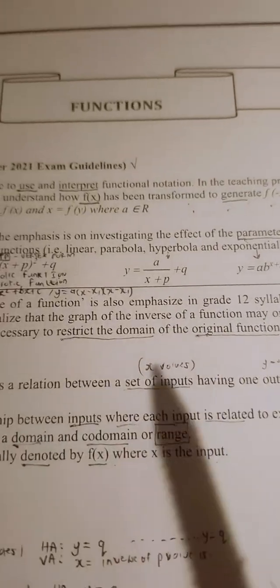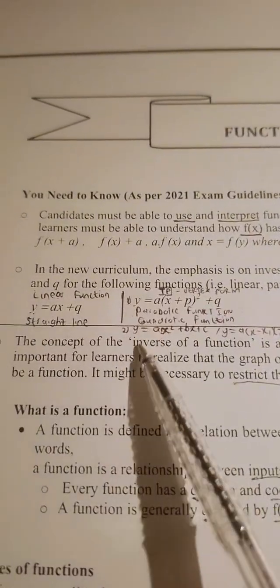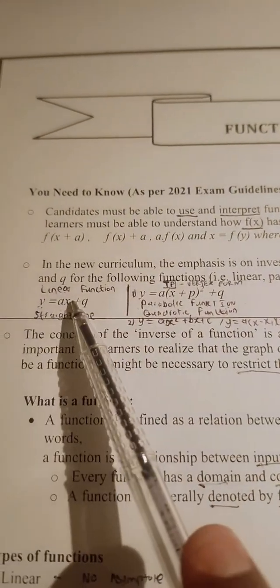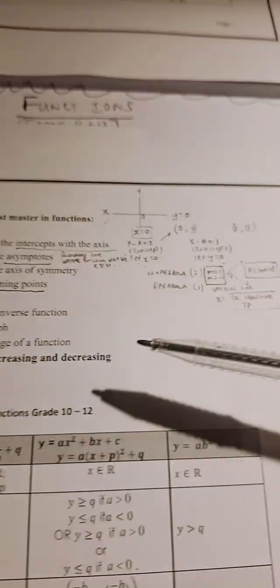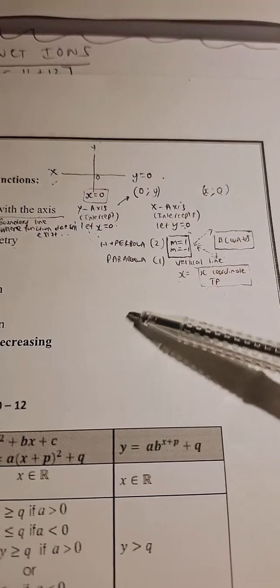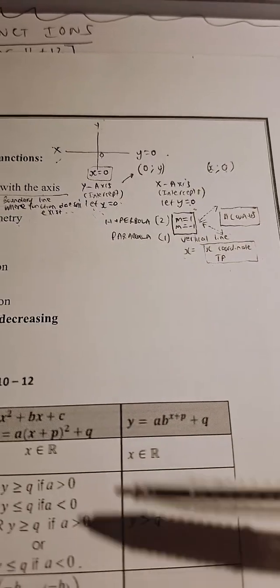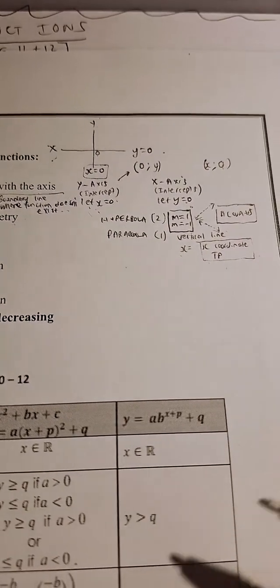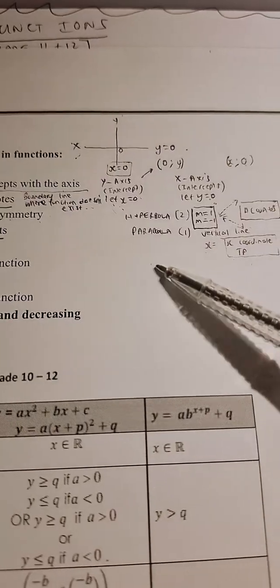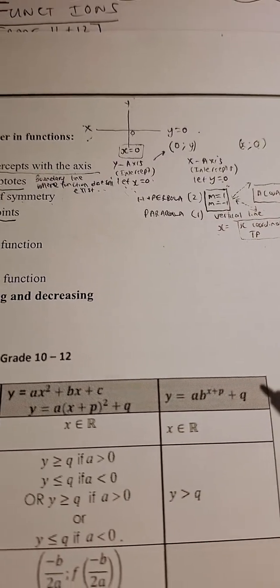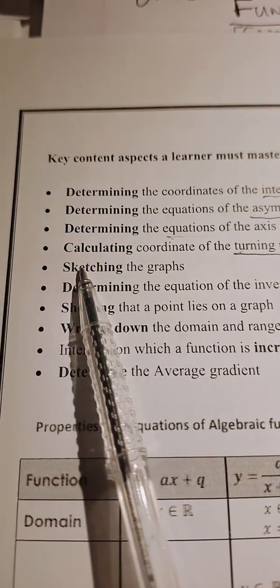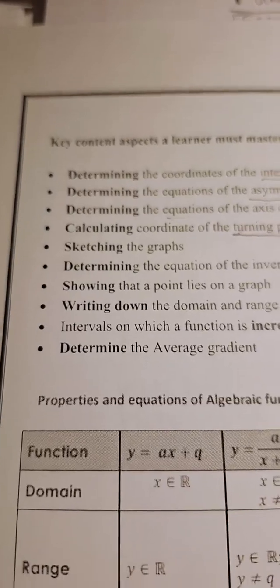Sometimes, guys, people nowadays are not just asking us to sketch functions from the function itself. Sometimes they give us details in bullet point form, and then they say, sketch the function from the details that you've received. So first and foremost, though, do we know how to sketch each and every function?